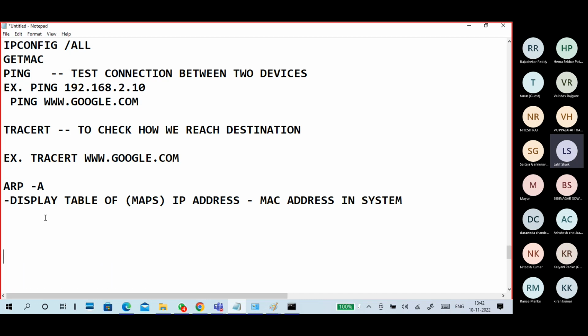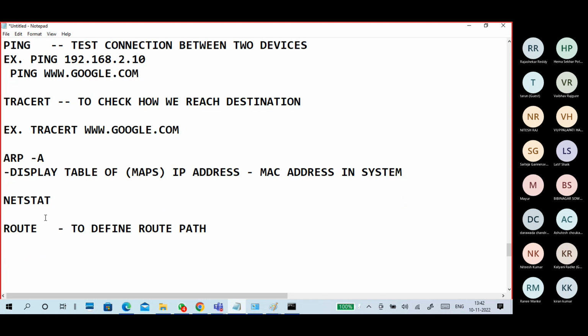Another command is netstat, for network statistics. The route command is also there, to define the route path in our system. route -p is to print the routing table.